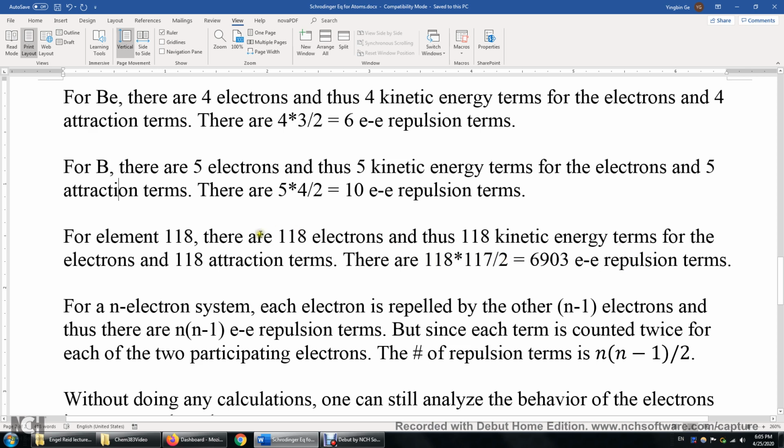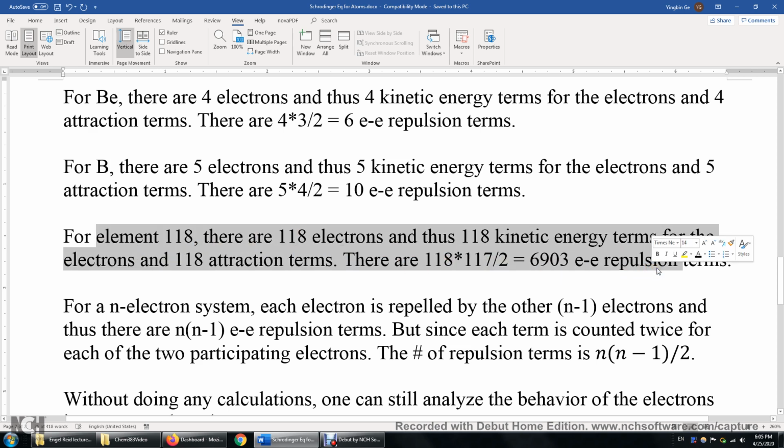So how do we solve the Schrodinger equation for this guy with 118 electrons? Well, it's very simple. We take a guess of 118 wave functions, 1 for each electron. Alright, and then we make a huge determinant, 118 by 118 determinant. How many terms? There are 118 factorial terms if we expand this 118 by 118 determinant.